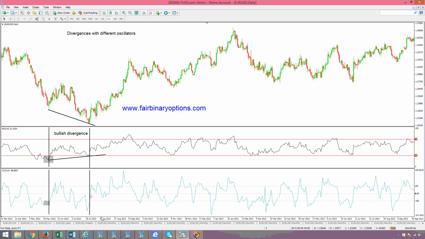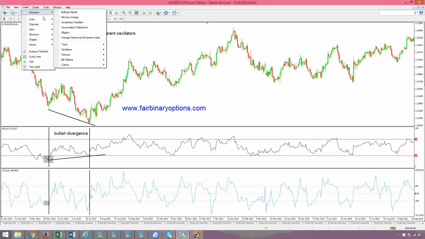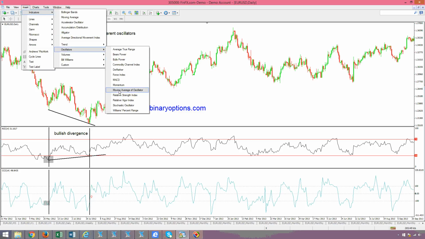If you go and choose other oscillators, it's not really an issue here. There is one problem though. If you go on the oscillators and look at the stochastic here or the MACD and so on, all oscillators are showing in principle the same thing: overbought and oversold levels. All divergences are in principle exactly the same: bullish or bearish divergences.